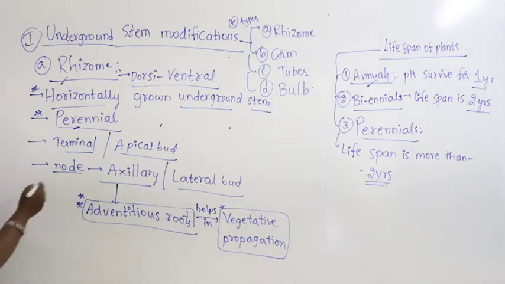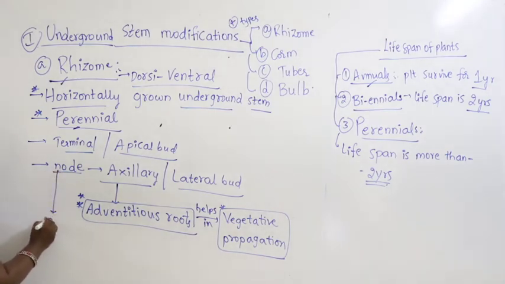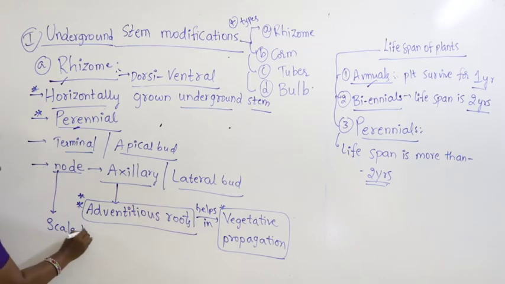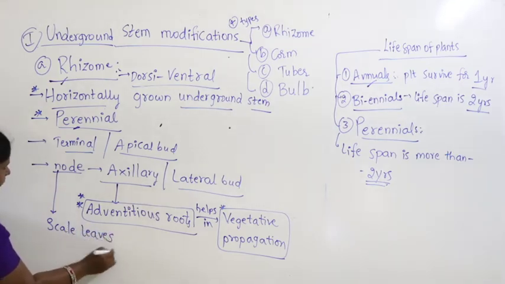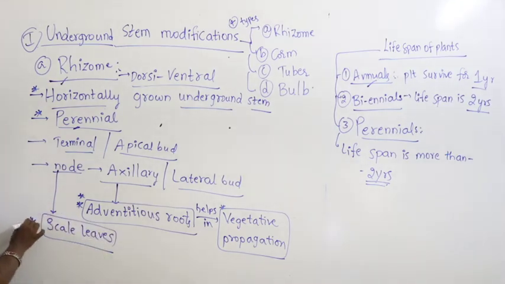Next, on the node, we even find what are called scale leaves. Okay, I will show you everything in the diagram, don't worry. On the node, when you look carefully at the rhizome part, very interestingly you can notice all these things.